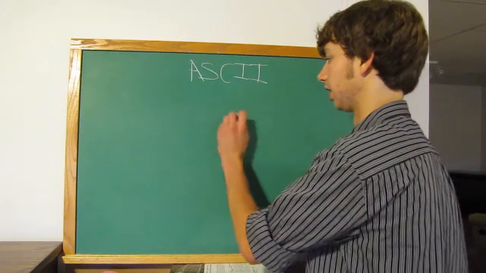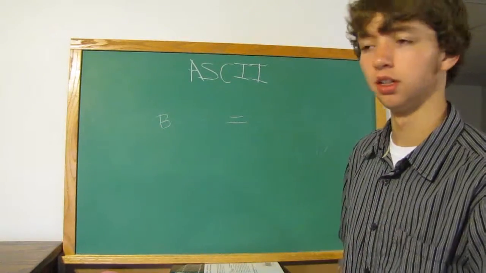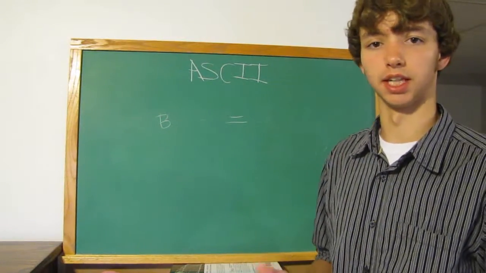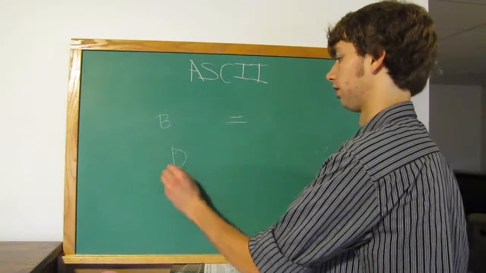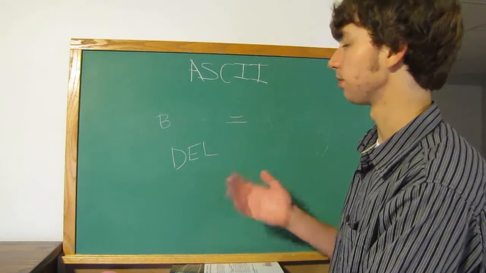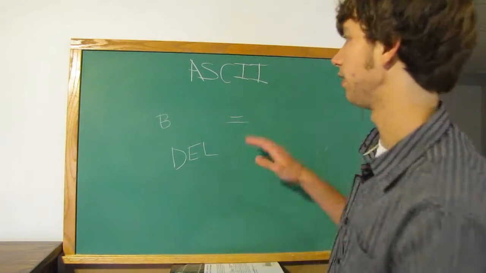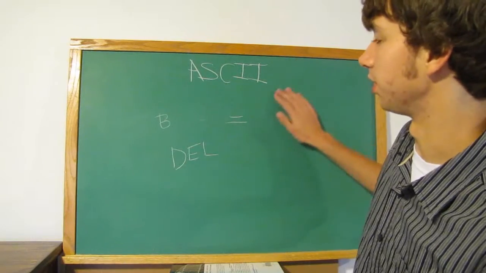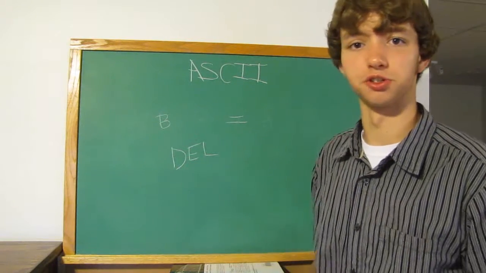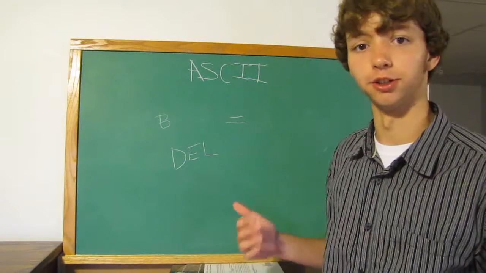Some of these include an equal sign, letters A through Z, and also some that are not technically characters, such as delete. You're probably wondering why I'm telling you this. Well, you may hear about this on the internet. It's just 128 characters that used to be a standard for information interchange.